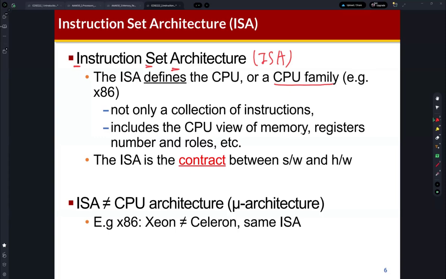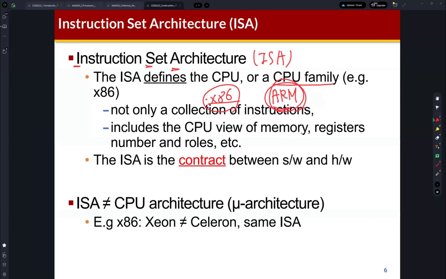For example, there are two popular ISAs, the instruction set architectures, such as x86 and ARM. What does that mean? Instructions of x86 are different from the instructions of ARM.